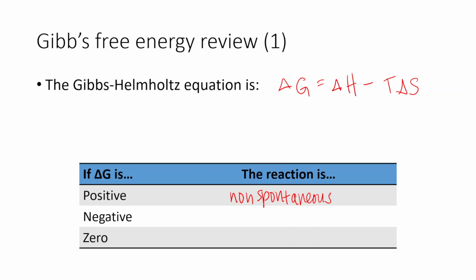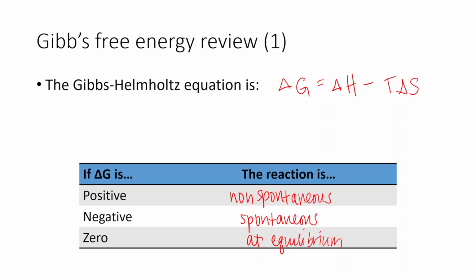It would be spontaneous, thank you. And if delta G is 0, what is happening? Equilibrium, exactly. The reaction is not going anywhere.